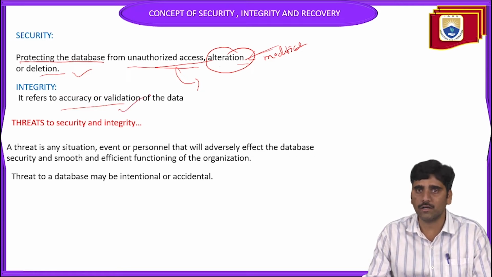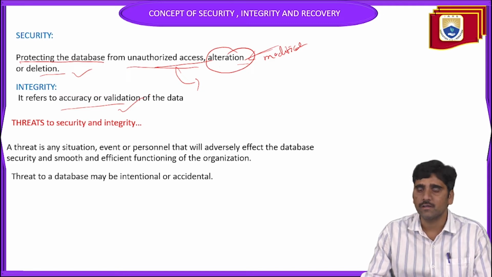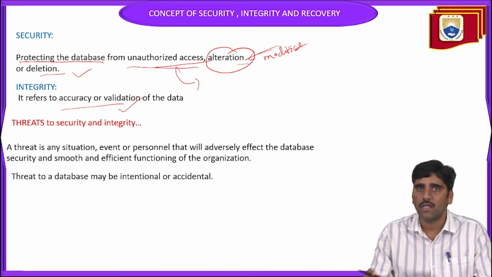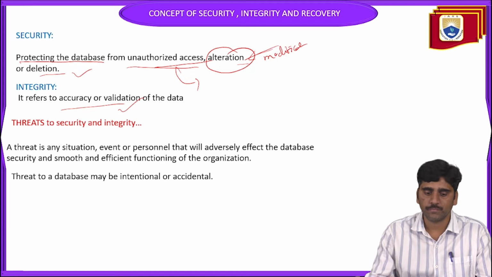So whether the data items are valid, whether the attributes are valid, whether the data terms are valid or not, all these belong to the validation of the data. So integrity refers to the accuracy and validation of the data maintained in the database.